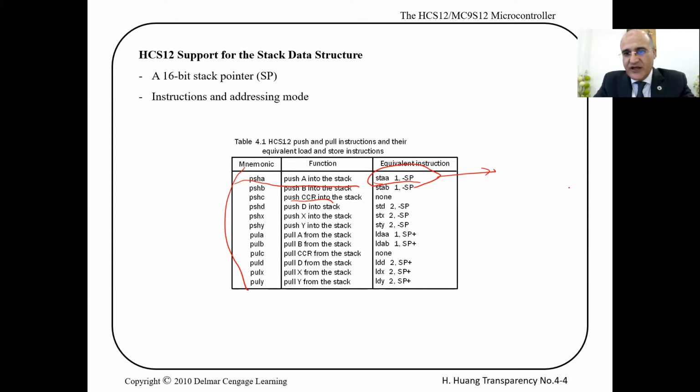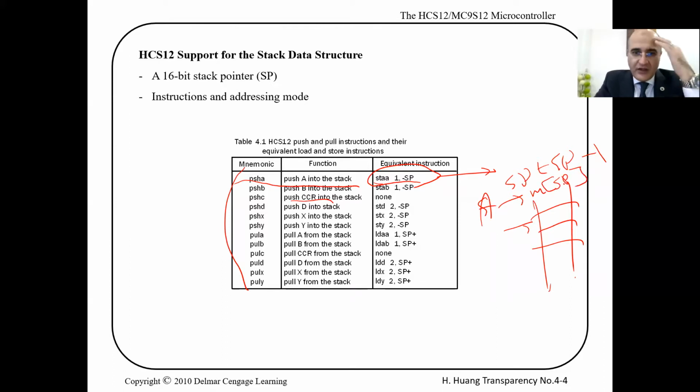It means decrement the stack pointer: stack pointer equals stack pointer minus 1. Then store accumulator A at the memory location where the stack pointer is pointing at. So these are the equivalent instructions we know.